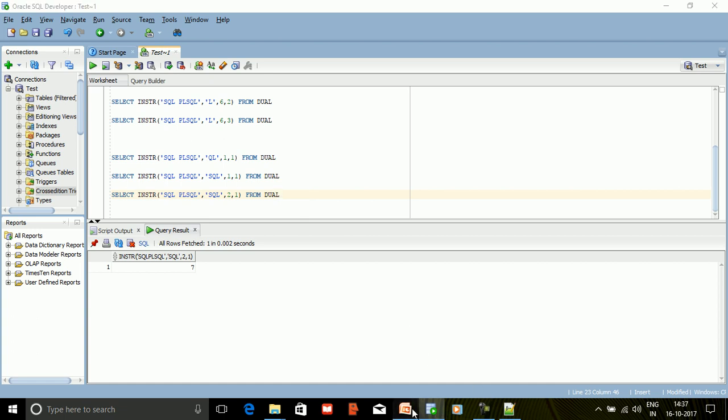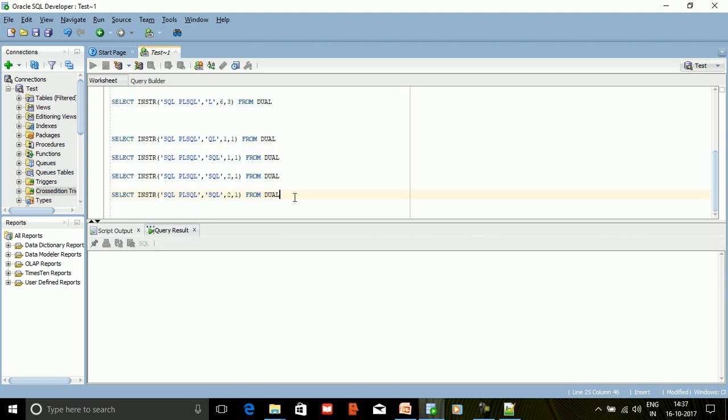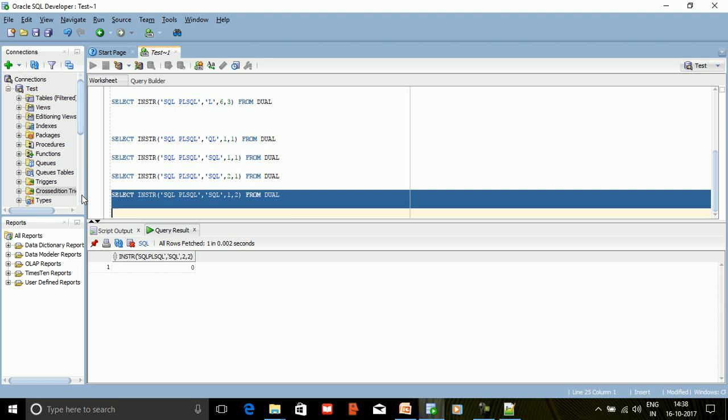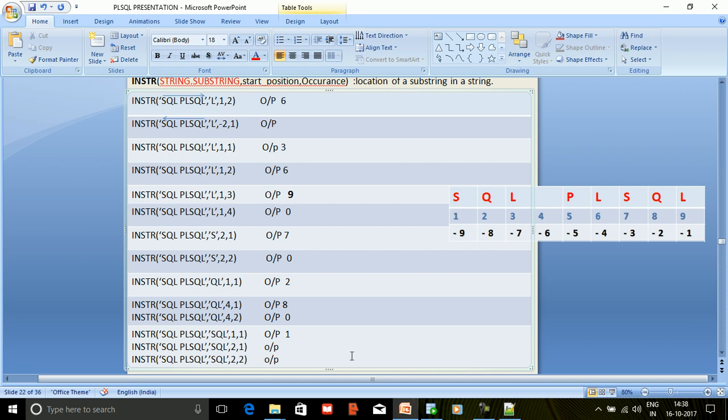Now if you give the same thing but the occurrence is 2, then the output would be 0. Second position, second occurrence is 0. But from the first position, if you check, SQL is first time, this is second time, so it exists. That's why the output 7 is returning. So this is 2 comma 2 it is 0, 2 comma 1 it is 7.